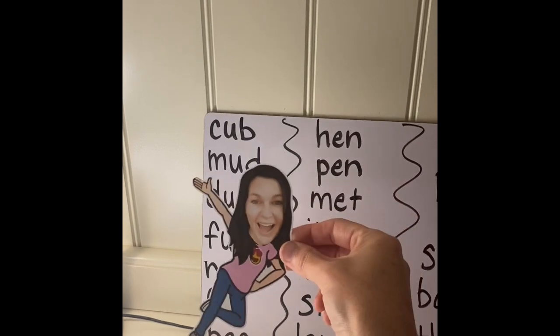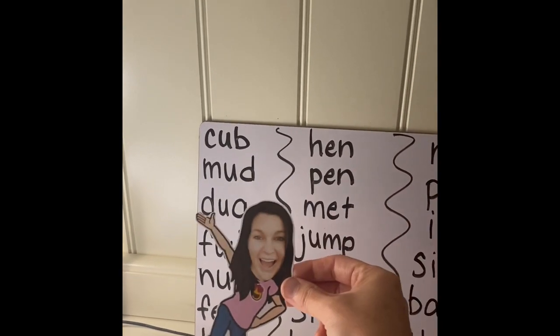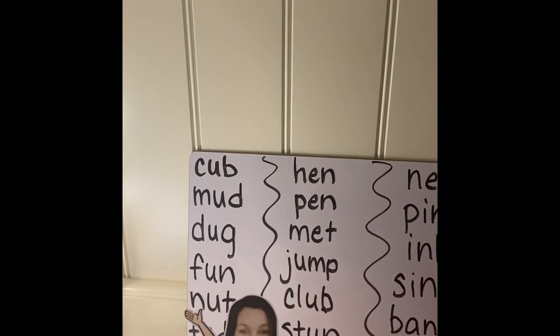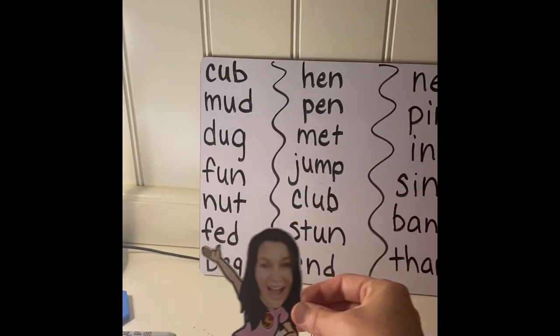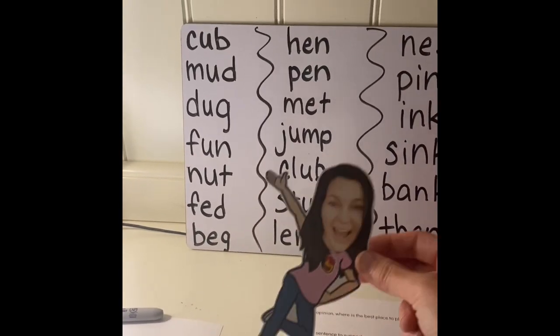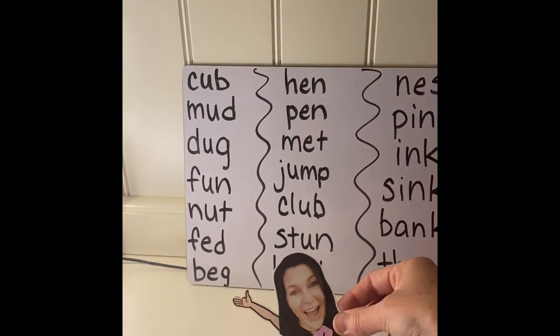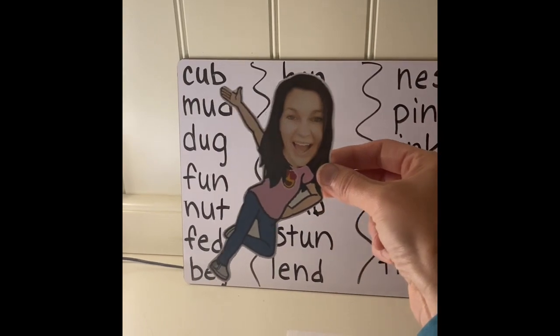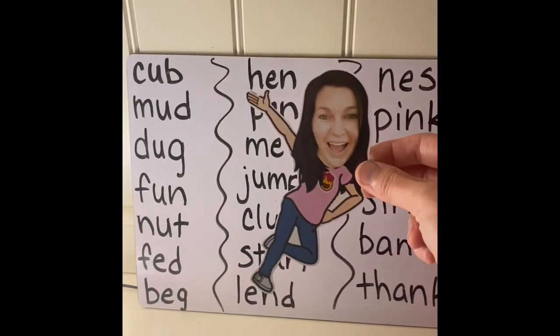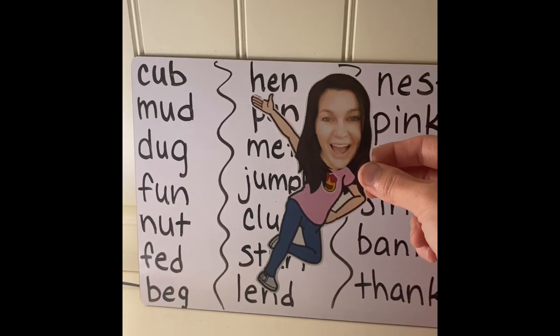Cub, mud, dug, fun, nut, fed, beg. Now remember, if you're having trouble reading those, you absolutely can chop them up and then blend them together. That is totally fine. But for right now, I'm running out of time, so I'm just going to read them.